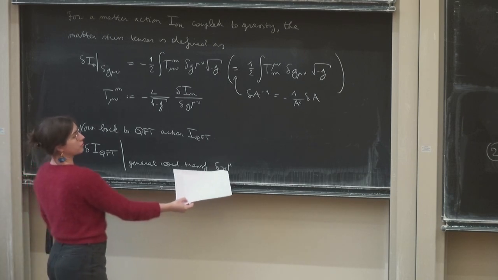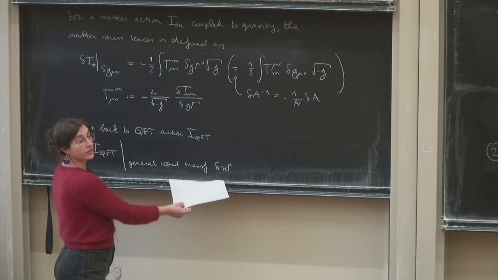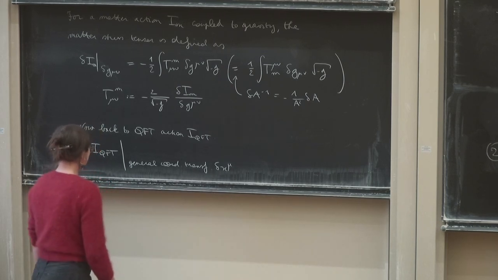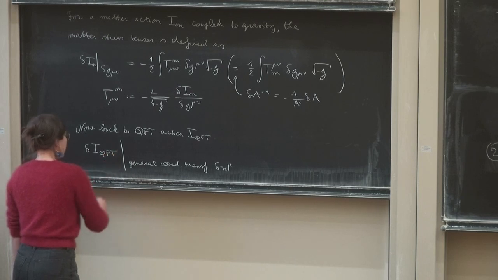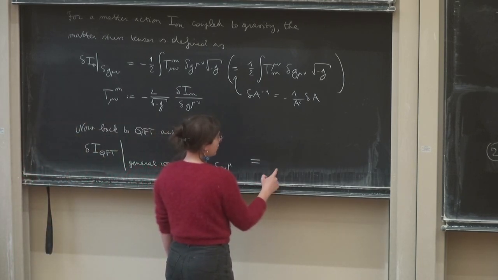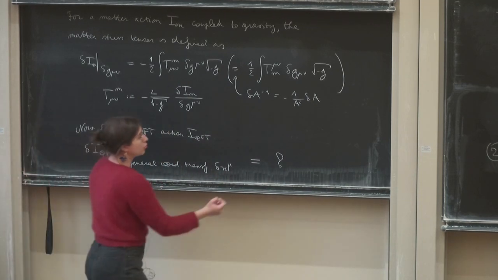So it's what I have called psi before, the change between x prime and x. All right. So this is a QFT, so there's no reason why under general conformal transformation this would be 0. So it will be equal to something. But what is that something?